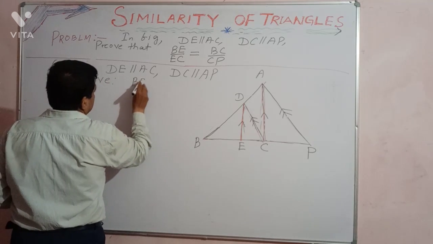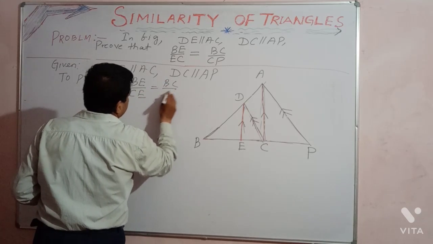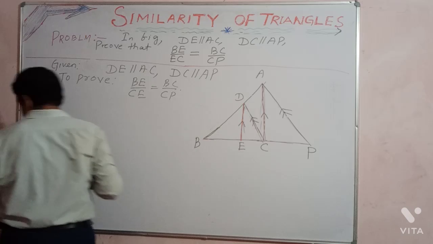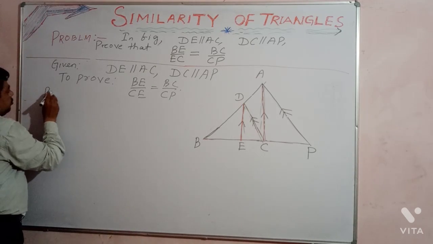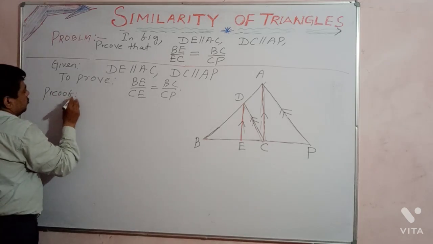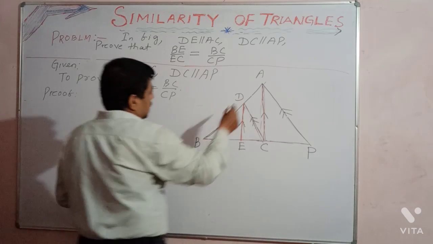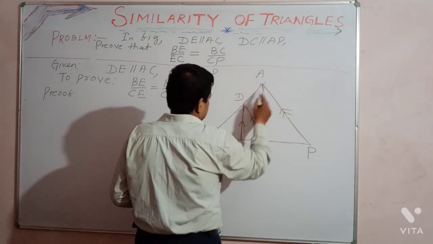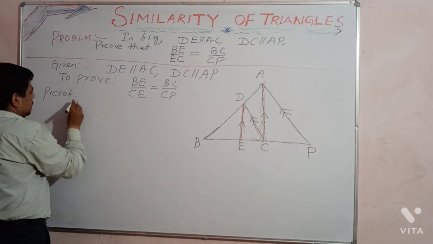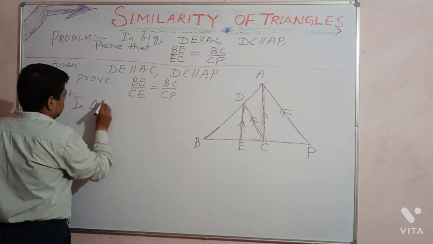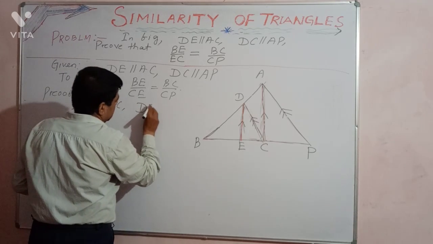BE upon CE is equal to BC upon CP. It's clear? Okay, now let's check it. Let us prove. Okay, students, now let's see in the triangle ABC, DE is parallel to AC.